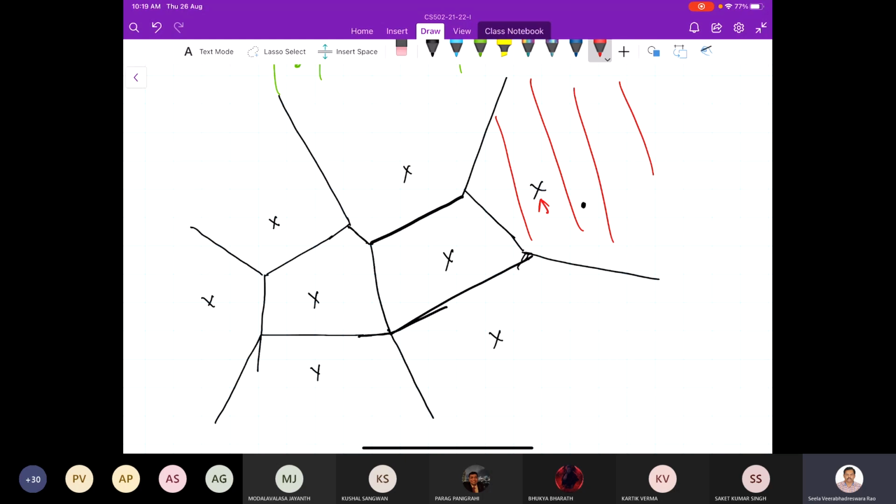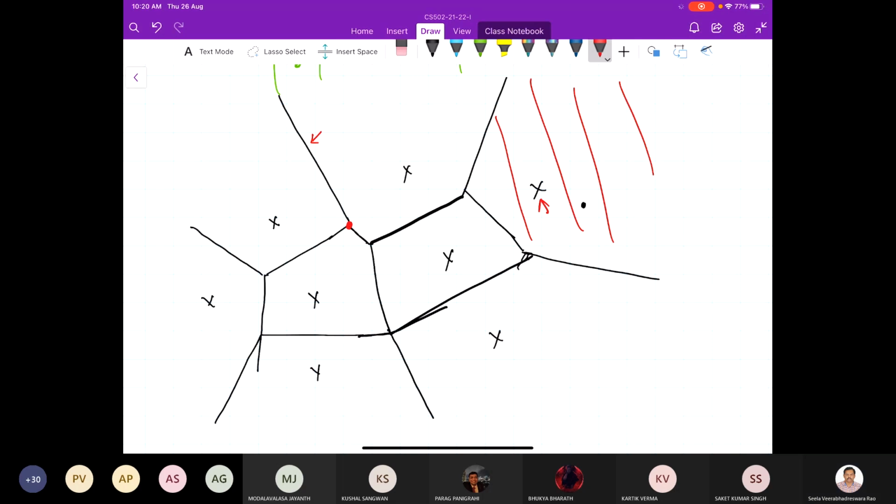One region is associated to each site. Here all edges are straight line segments, and there are vertices and regions.